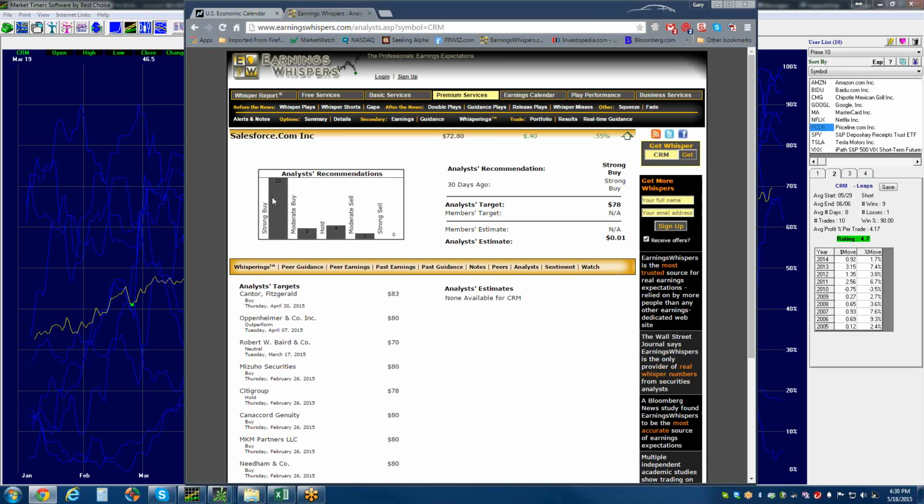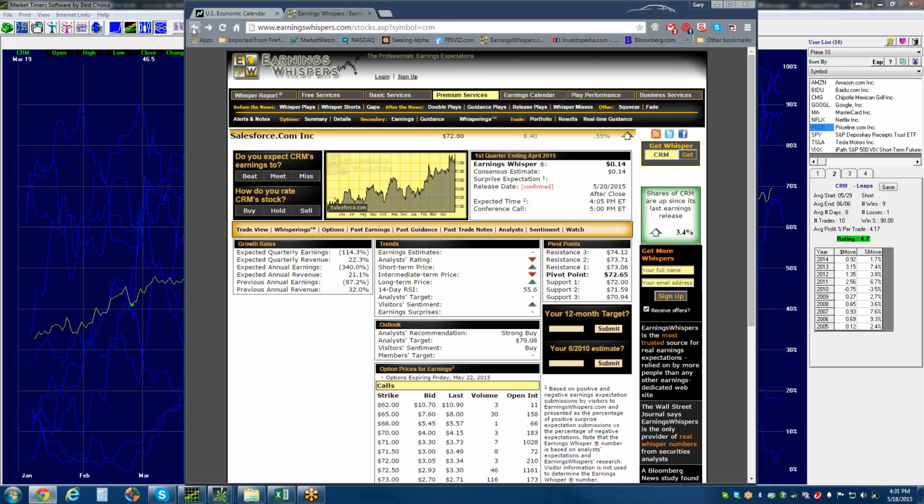There are 22 analysts that say this stock is a strong buy. I did list that in my Excel sheet. But I believe it's a marginal long from a seasonal perspective. Okay? They like it. Here are your support and resistance levels and so forth. It's a real nice thing on Earnings Whisper, and it's free.